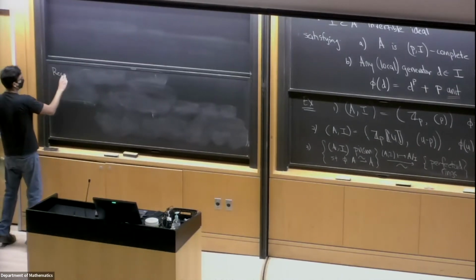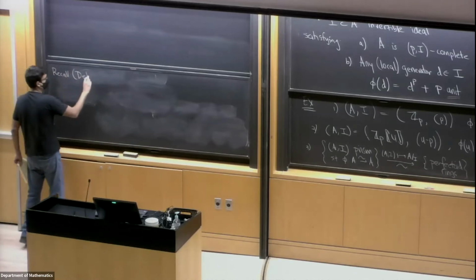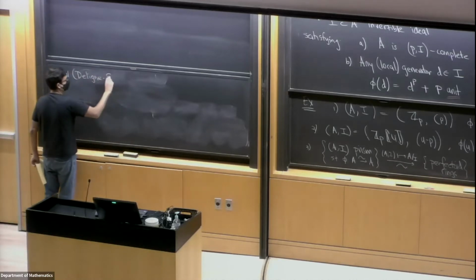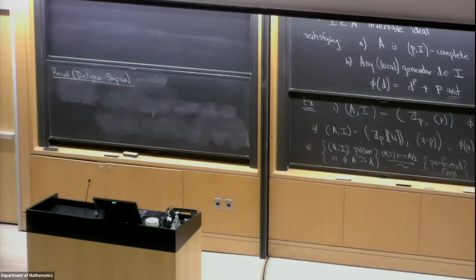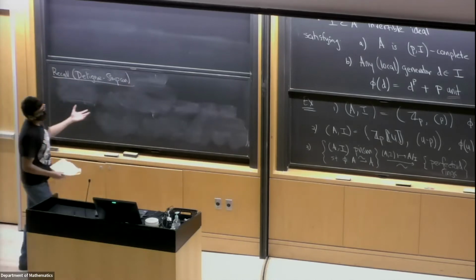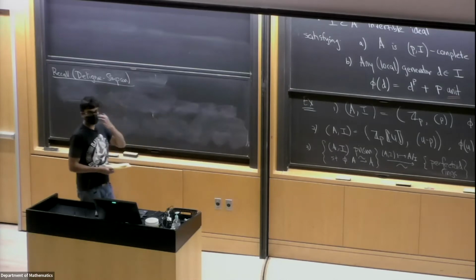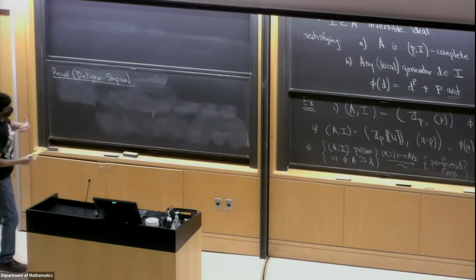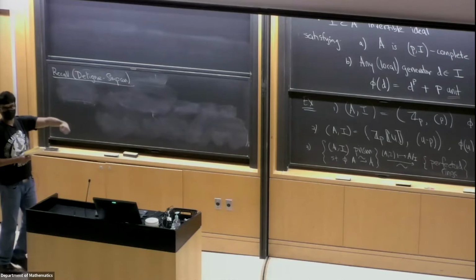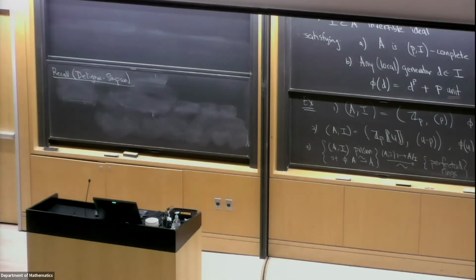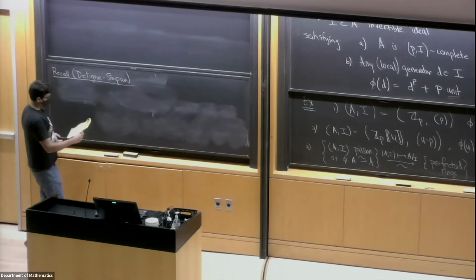So recall, it's a deformation of the notion of a flat connection on a Riemann surface. A flat connection consists of a vector bundle together with some ability to differentiate the sections. In a lambda connection, there's an auxiliary parameter lambda, which interacts with the differential in an interesting way.